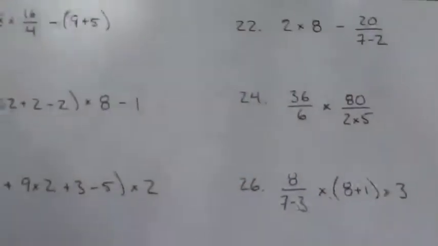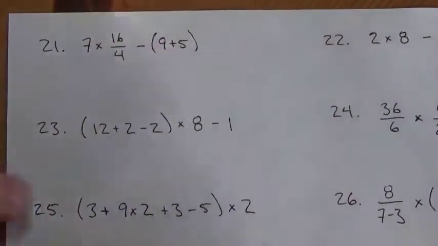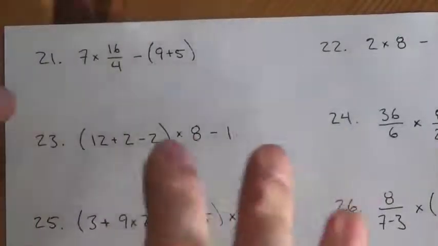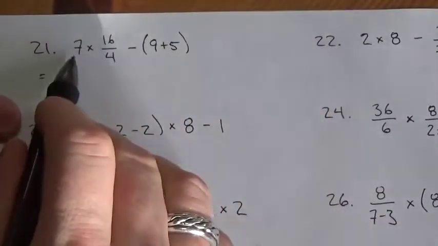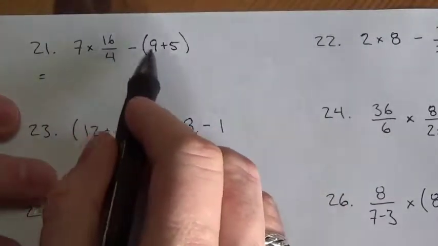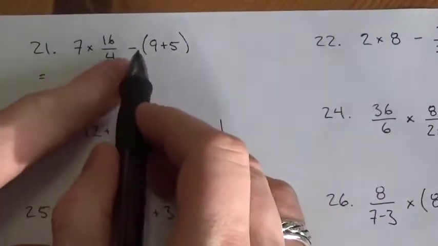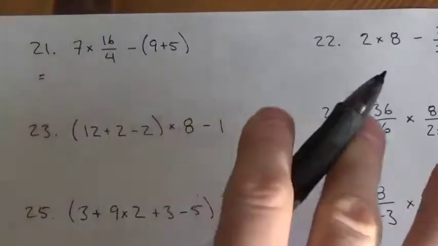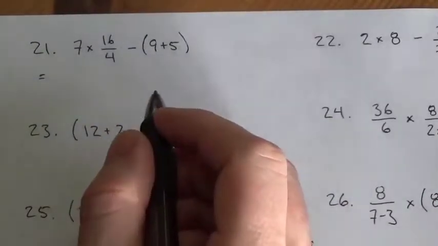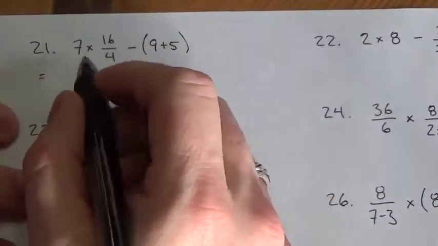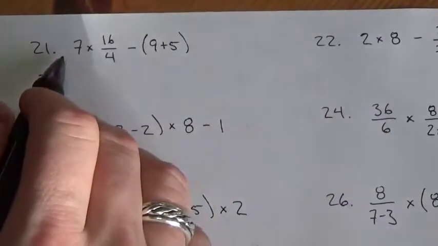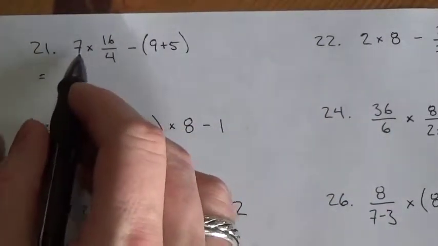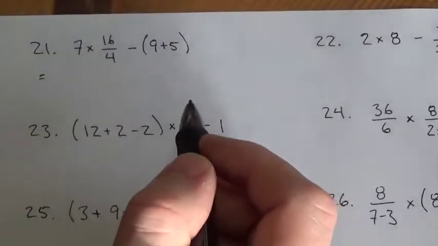All right, now I know this seems like it's getting a little bit long here, but there are reasons for why we're doing so many here. Okay, 7 times 16 divided by 4 minus (9 plus 5). Again, that subtraction separates this into two different pieces that can be done simultaneously. So 7 times 16 over 4, I could multiply 7 over 1 by 16 over 4, okay?